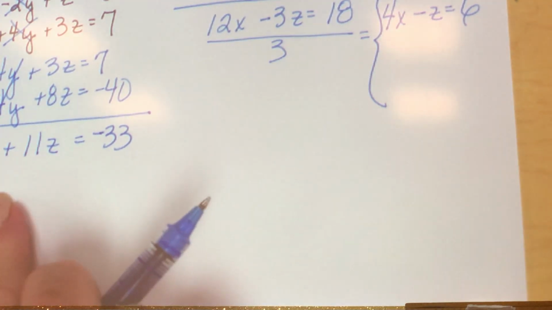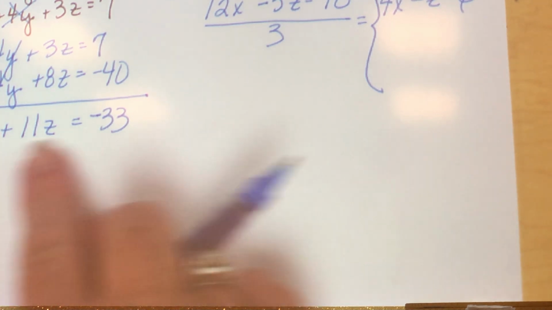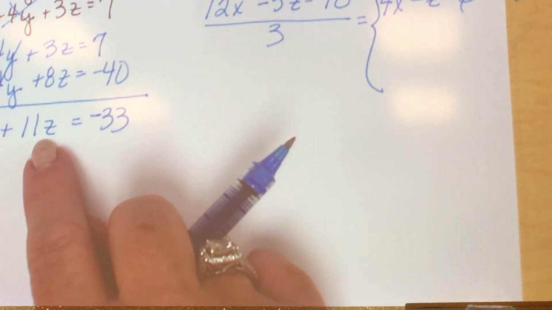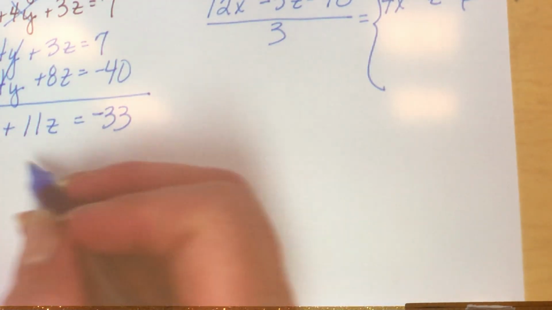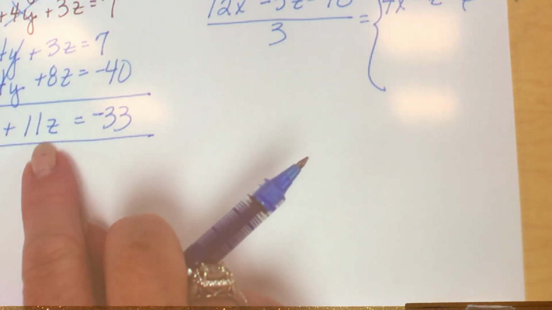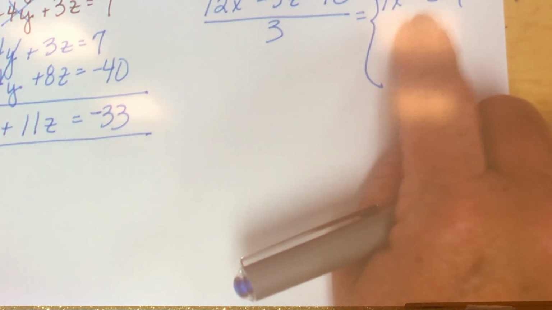Okay, so stop for a second, I wanna show you something. Sometimes if you think too far ahead, it'll mess you up, okay, but watch this. Do you see, if I divided this guy by 11, that I'll get a positive z there? Do I wanna divide by negative 11 or positive 11? Positive, because that positive z is gonna make this z go away, and then I won't have to multiply by anything, okay?